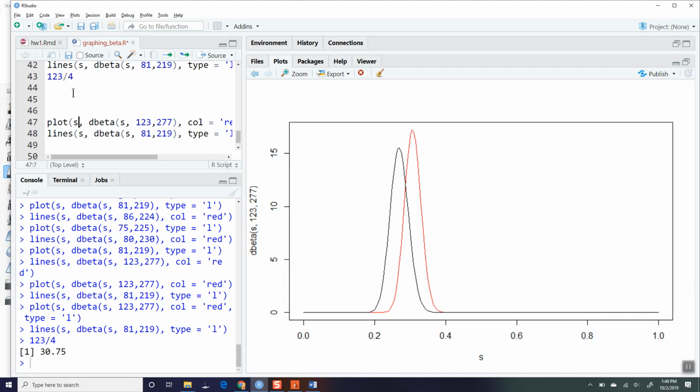okay, and this is a little bit silly, but let's say we start off with 81, 219, and let's say we see 1,000 at-bats and there are 400 hits, okay? So with 400 hits out of 1,000 at-bats, we're going to add 400 to the first shape parameter, going from 81 to 481, and then add 600 to the other shape parameter, going from 219 to 819, okay?